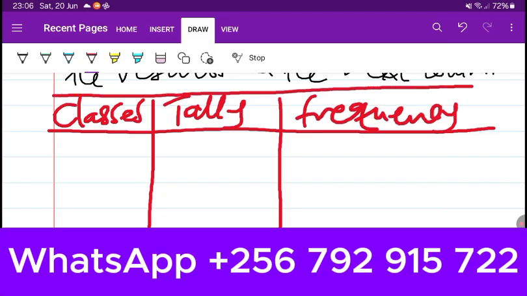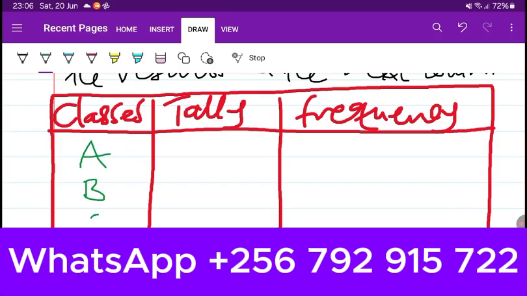We close our table. Now, we have the blood groups. We said there were only 4 blood groups: blood group A, blood group B, blood group O, and then blood group AB. We close the table because those are the only groups that we have.